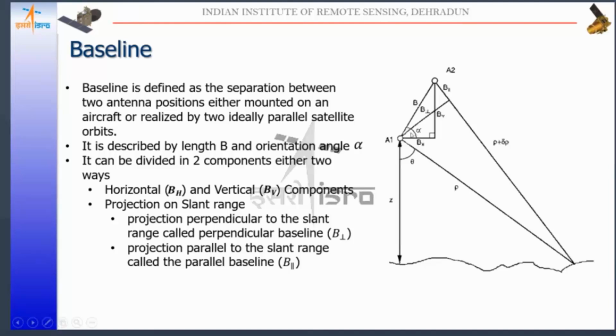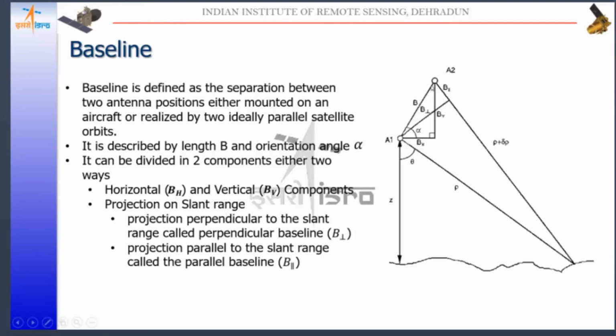If this is the alpha angle, then BV equals B sine alpha and BH equals B cos alpha. Another way we can decompose the baseline is into the perpendicular baseline and the parallel baseline. What is that? That is the projection on the slant plane.